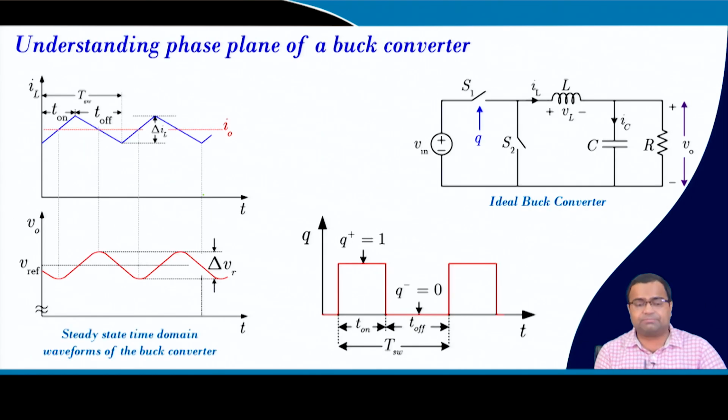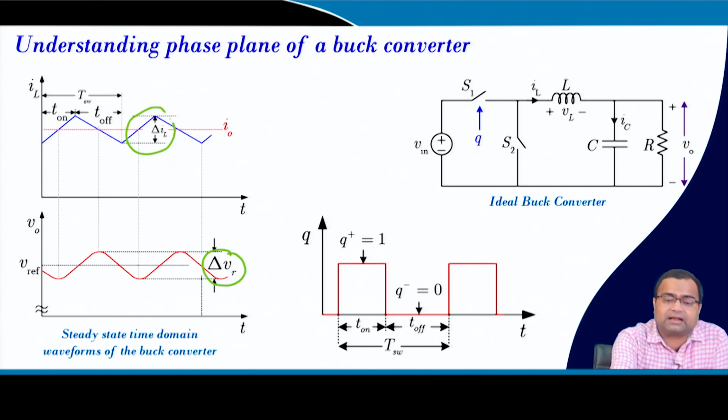So, understanding phase plane behavior. In the last slide we talked about phase plane behavior, but I told you that we need to choose certain on and off times so that you can meet the steady state ripple voltage and steady state current ripple requirement.